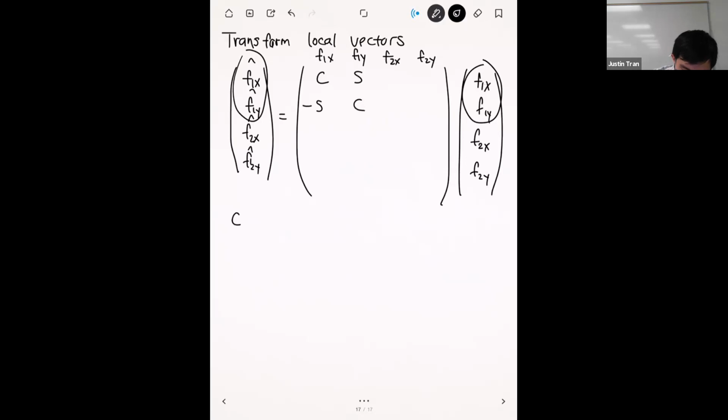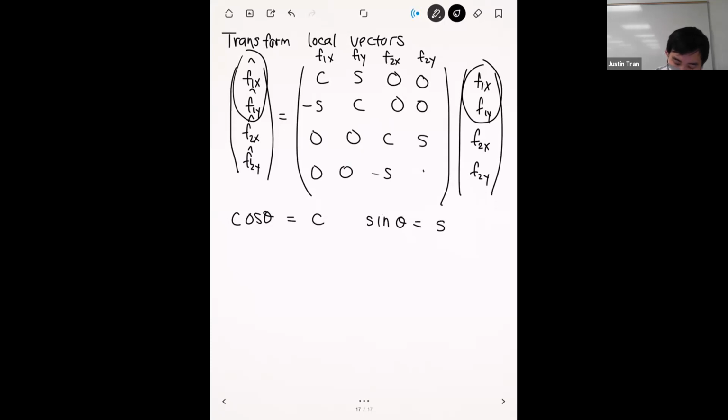I'm going to use shorthand because it's going to be a lot of terms: cosine theta I'm going to shorten as C, and sine theta as S. And we're going to have another entry for the transformation matrix down here.